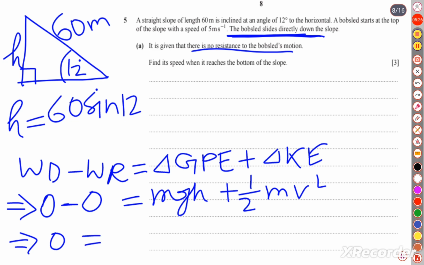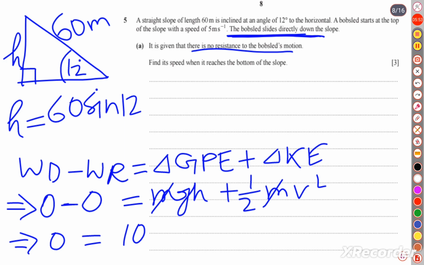Then m, the mass of the bobsled, is ignored. Nowhere is the mass of the bobsled given, so it is going to cancel from both quantities. Now g, acceleration due to gravity, is 10, we know. And h, we have already found. Remember, in change in GPE, both the final and initial heights are required.